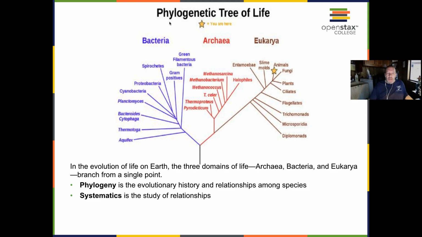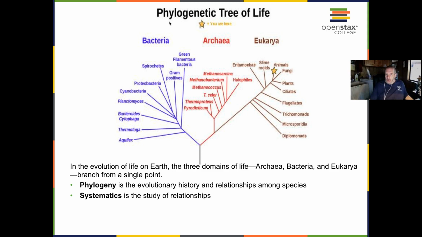And so everything in the domain Eukarya has certain things in common. Hopefully you remember from way back at the beginning of the semester, we talked about what eukaryotic organisms are, the characteristics in the cell, nuclear membrane, membrane-bound organelles, etc. And because we share those characteristics with all other members of this domain, that is indicative of these things all being related to each other.